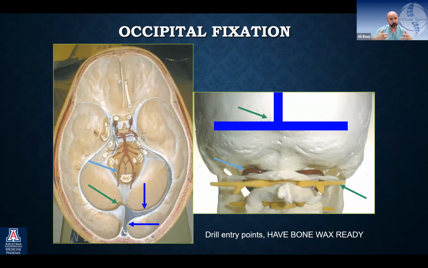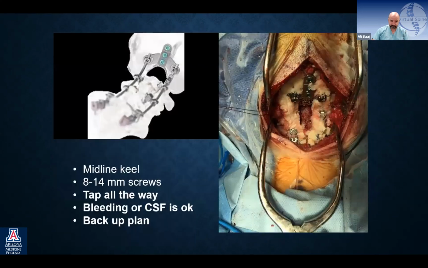So as soon as I start drilling my occipital keel entry points, I'm always having bone wax available on the handy in case I see a significant amount of bleeding from there.